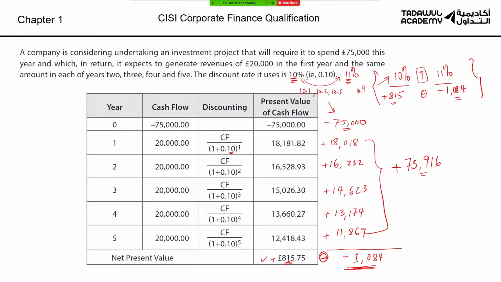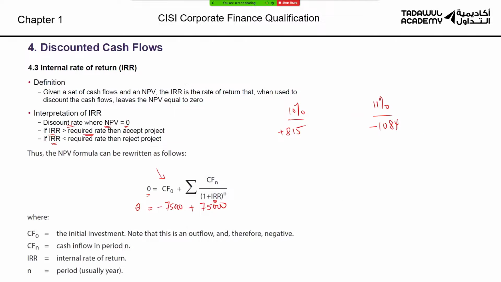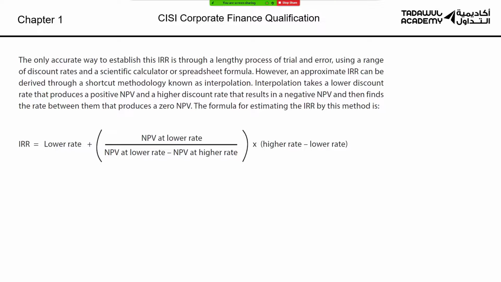So since we have an idea, it's going to be somewhere between 10 and 11, 10 being the lower and 11 being the higher. There is a formula for it. The only accurate way to establish this IRR, again, I'm going to write this here.